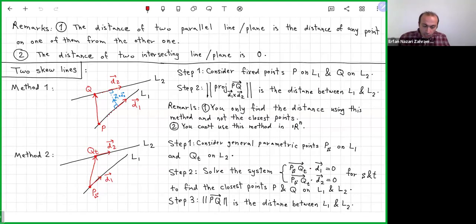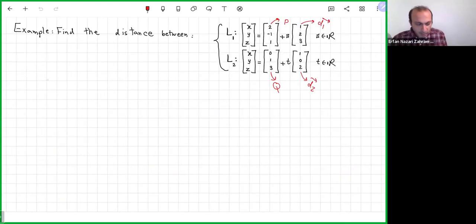Now I need the direction which is perpendicular to both lines, in other words, perpendicular to both D1 and D2. What is the vector which is perpendicular to both D1 and D2? It's the cross product of them. So I compute the cross product.